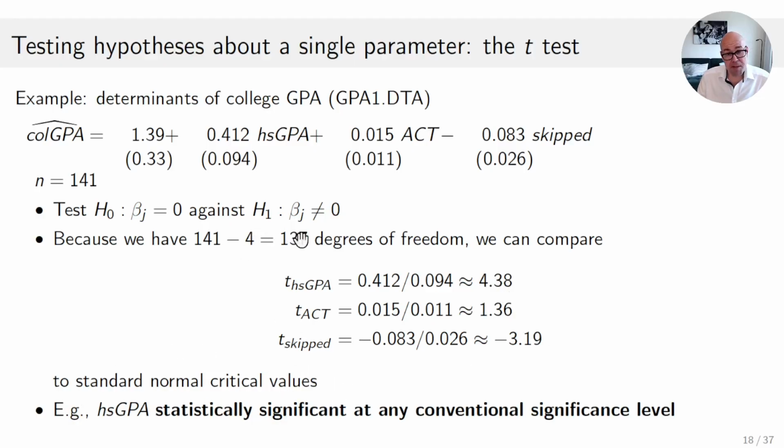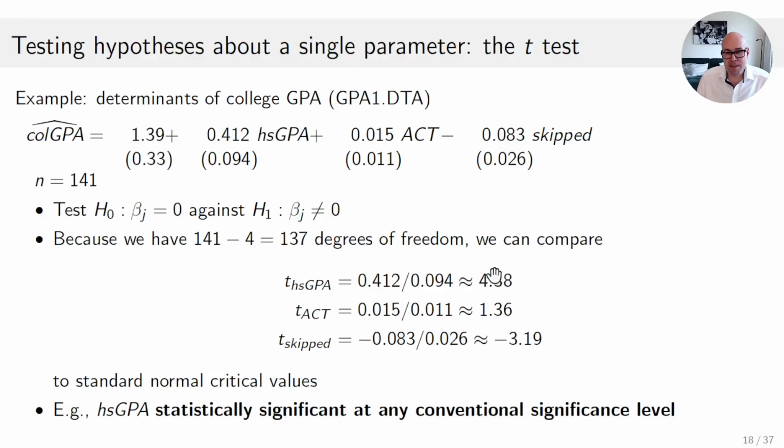Why standard normal? Because we have 137 degrees of freedom, so that's already enough to use the standard normal distribution. When you look at this, 1.96 is the critical value for the 5% level.